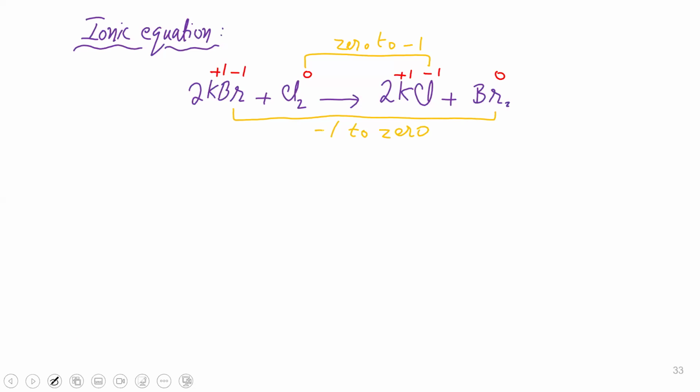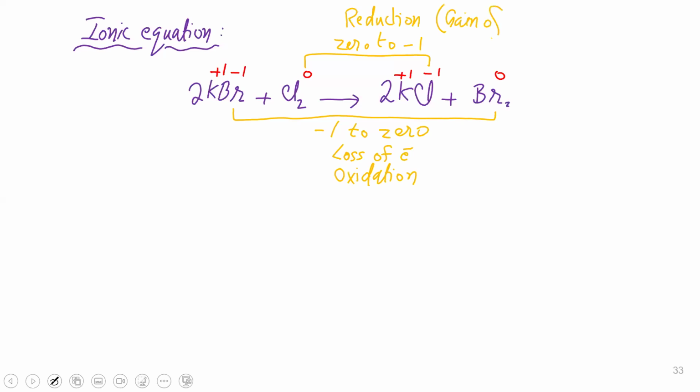Loss of electron means this part is oxidation, and this is gain of electron. So this part is reduction.